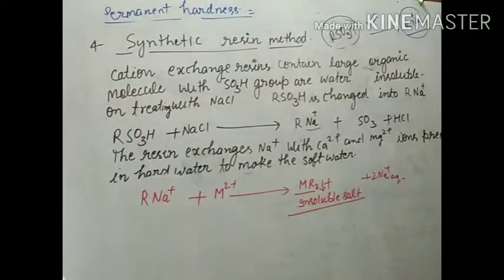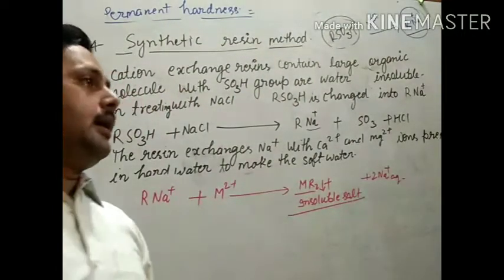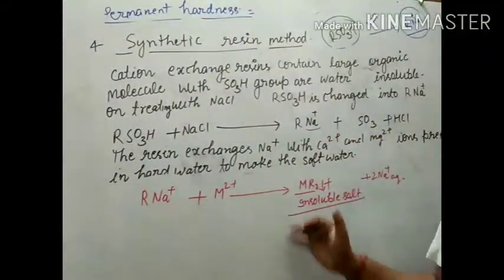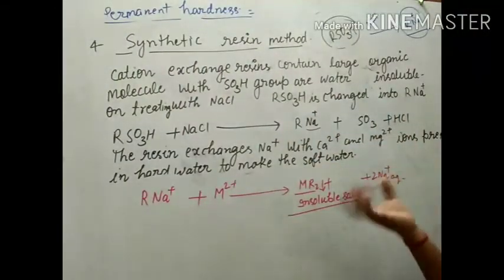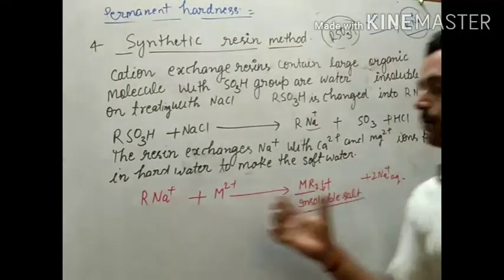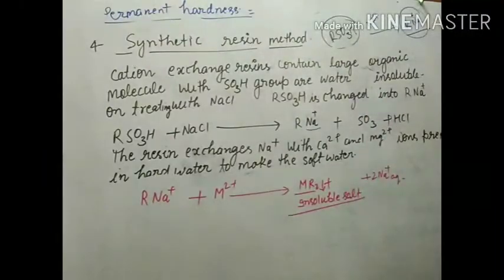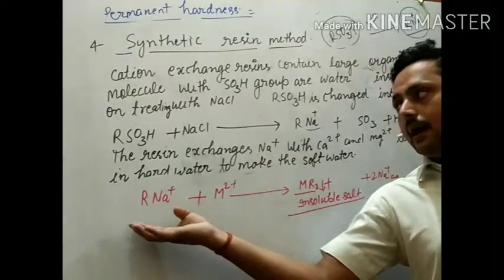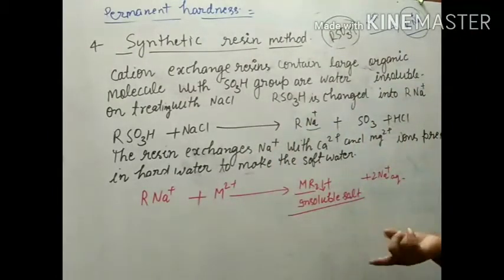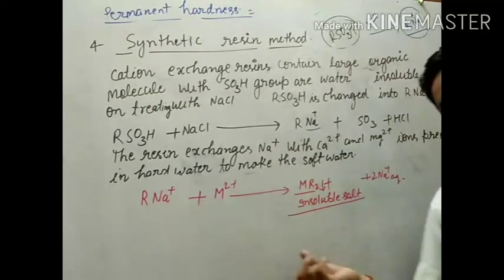So how do we get pure demineralized water, we will discuss. First, the hard water is passed through the cation exchange resin and then the anion exchange resin.